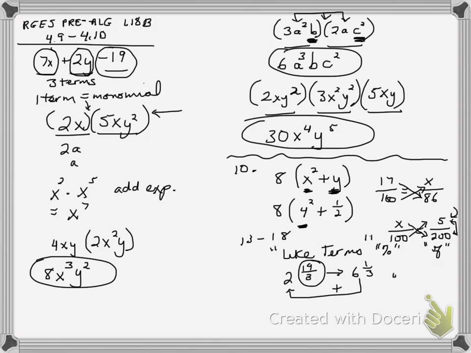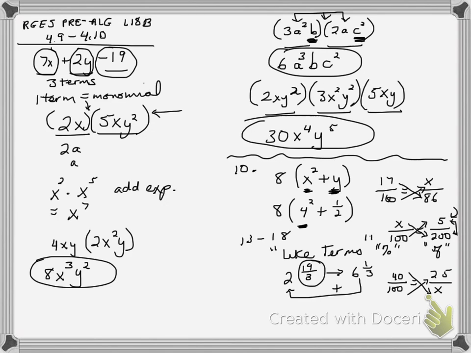So our 40 is with percent, so that's always over 100. And it says of what? So my variable is going to be down there with the of in the denominator, and 25 would be in the numerator. Cross multiply, you get 40x equals 100 times 25, and then solve it.